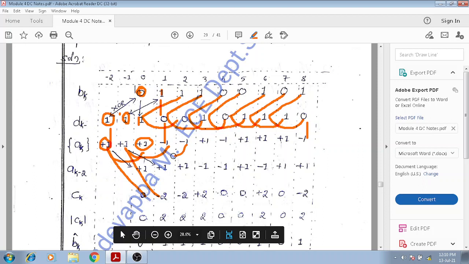Next, -1 minus of +1 is -2. +1 minus of -1, how much is it? Minus into minus becomes plus, 1 plus 1 is 2. -1 minus of -1 becomes +1, -1 plus 1 is 0.